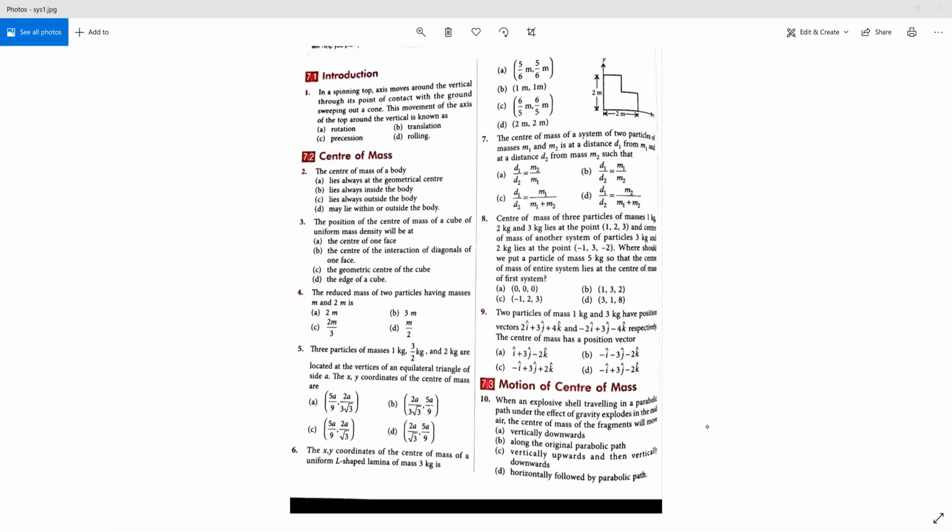So we are solving the seventh one. Among the four options, we have to find the right one.